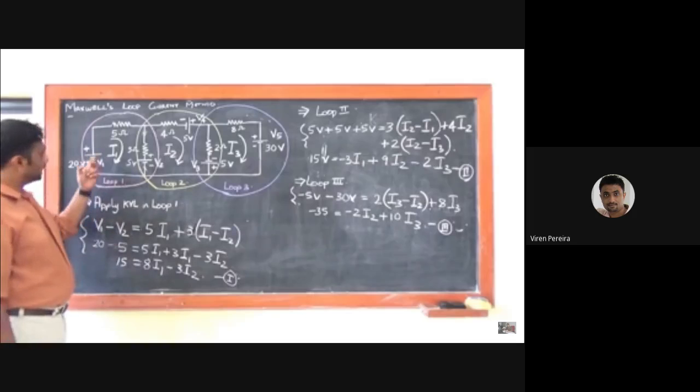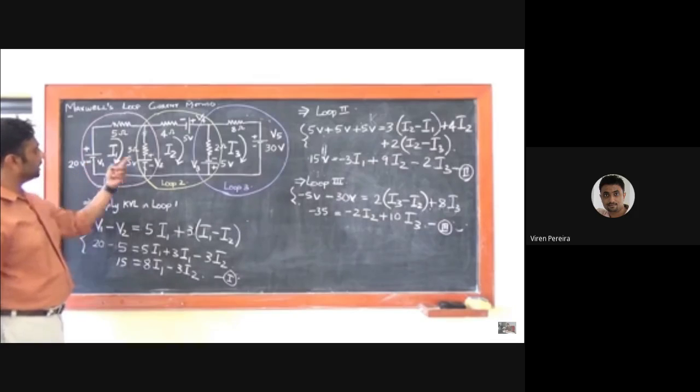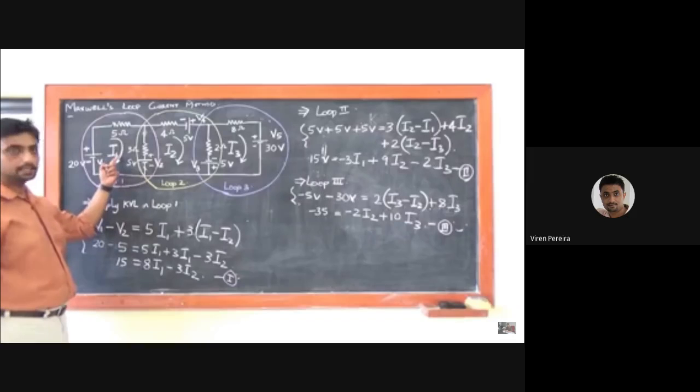This method, as I told you, is based on the same logic. First of all, in loop 1, how many voltage sources are there? V1 and V2. V1 is 20, V2 is 5. V1, your current is moving from positive to negative, matches I1 direction. So it is positive.